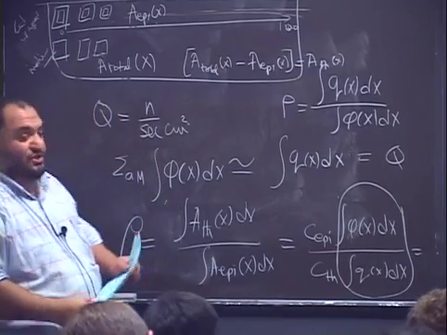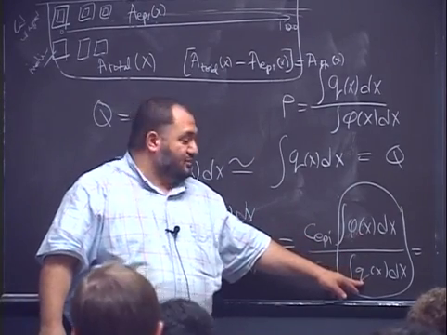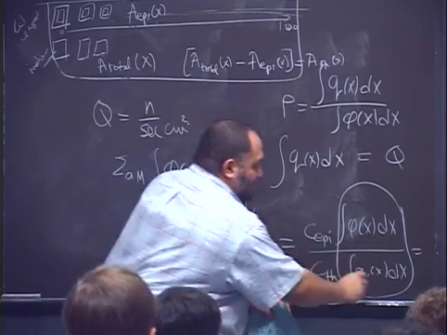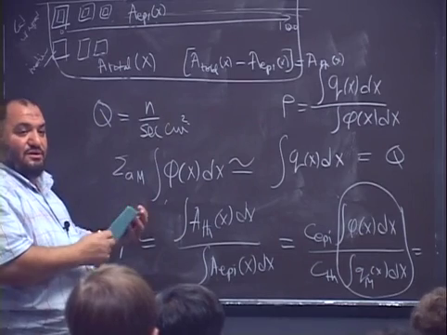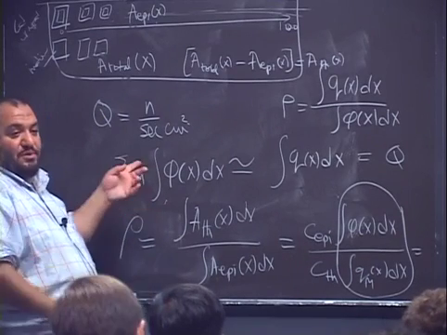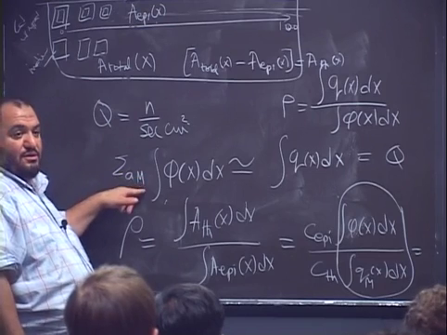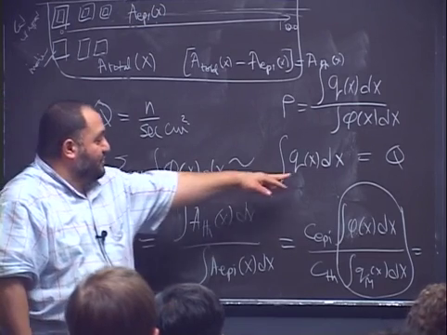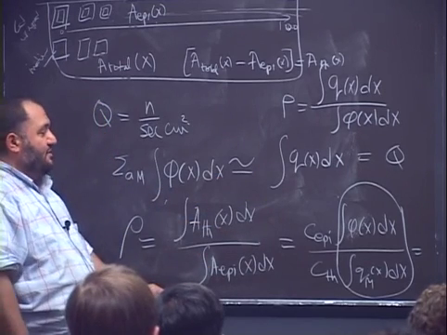Where can I get the ratio of the flux to the integrated flux to the integrated slowing down? Where do you think? Look in the blackboard. Here. What's the ratio between phi of x divided by Q of x?